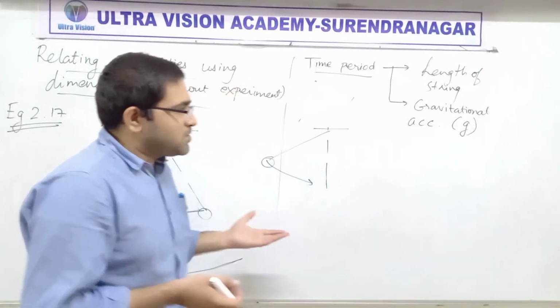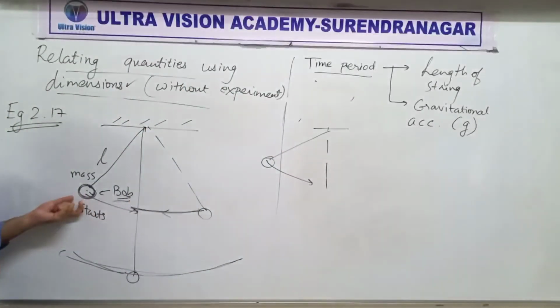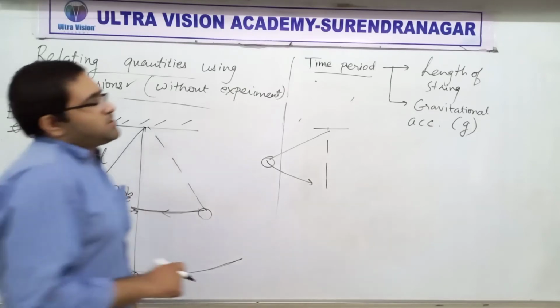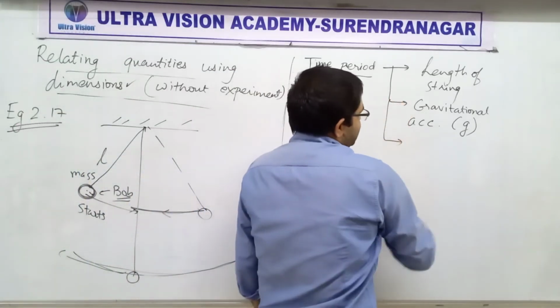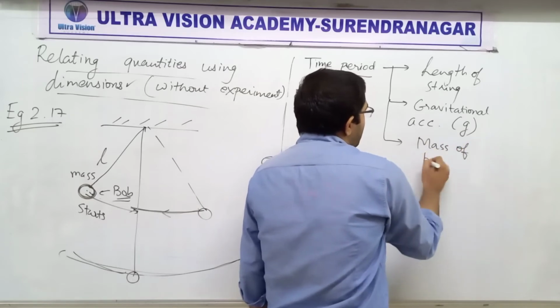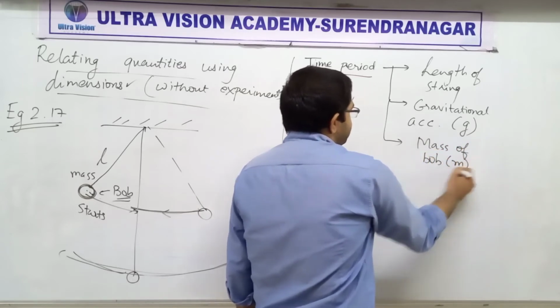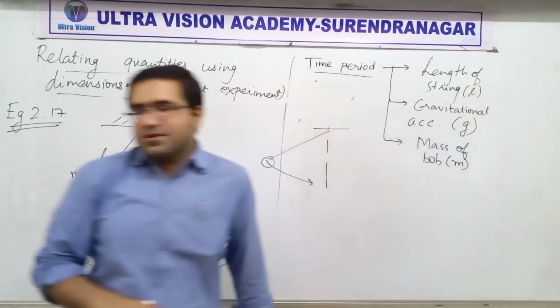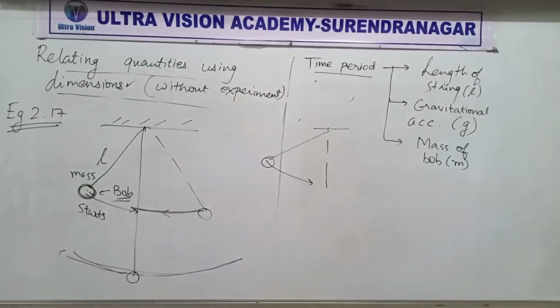Do you understand what I am saying? We might expect that if this is very heavy, it will take more time. Then a third factor that it might depend on is the mass of the bob, that is m. Length of string L, gravitational acceleration g, and mass of bob. Okay, you can lower your hands, everyone.